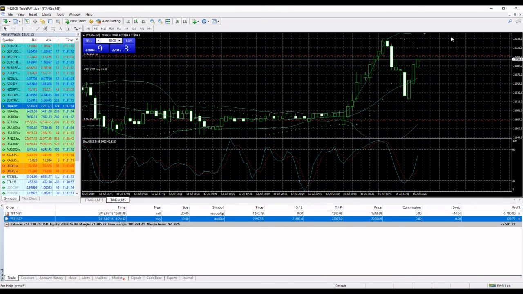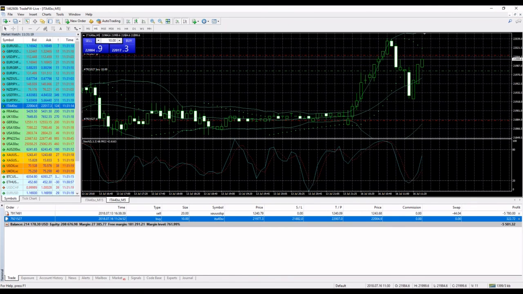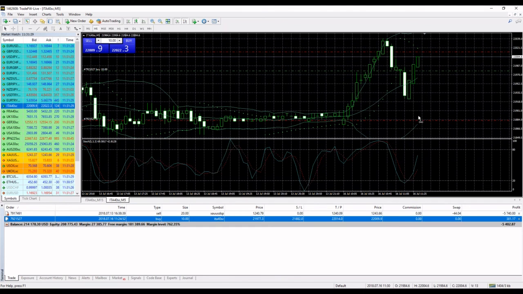Let's play a bit with the take profit. Let's put it a bit higher. And also the stop loss we will put a bit higher. I will put the stop loss in a positive part.